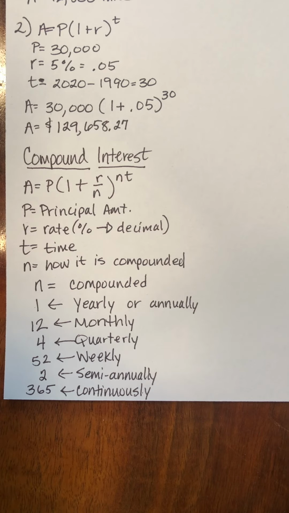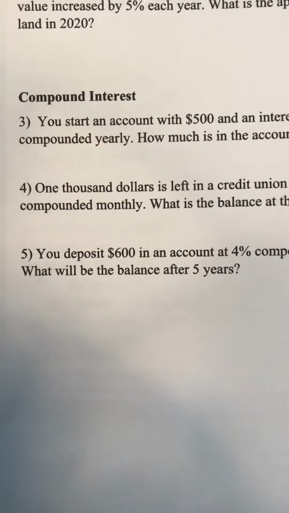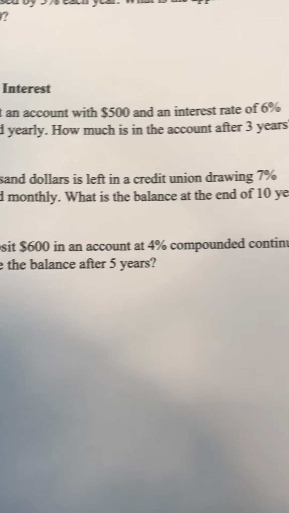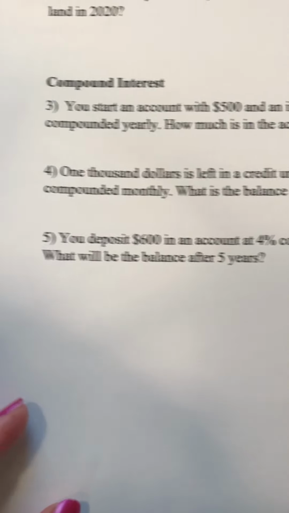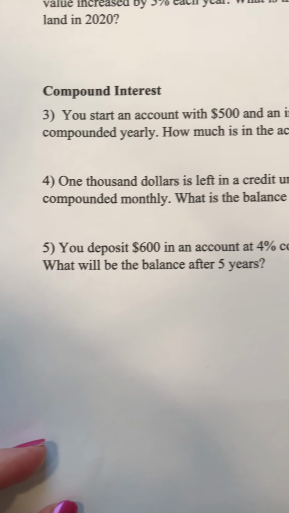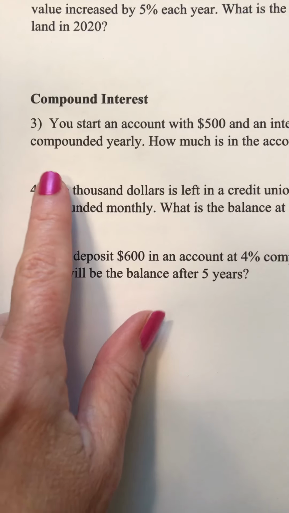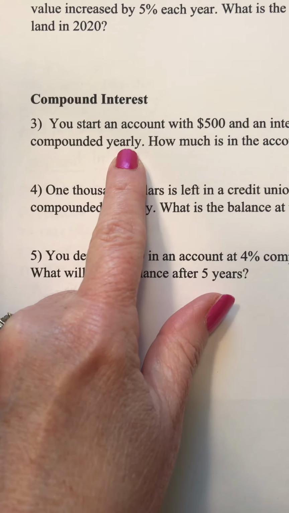So I want you to look at the first compound interest problem that I have. And it says you start an account with $500 and an interest rate of 6%, compounded yearly. How much is in the account after 3 years? So do you see the word compounded and then you see the word yearly after it?